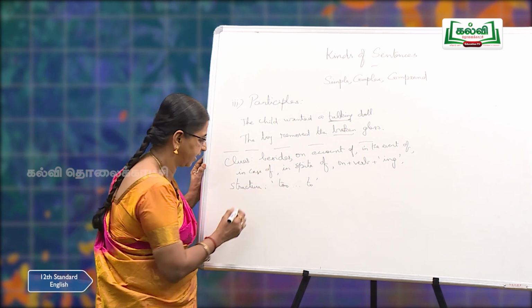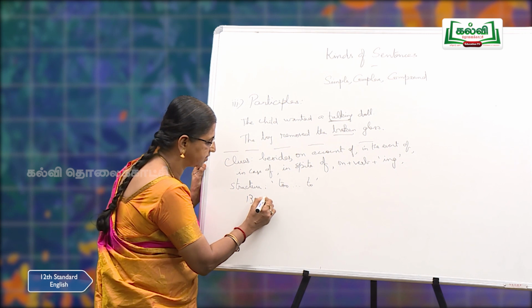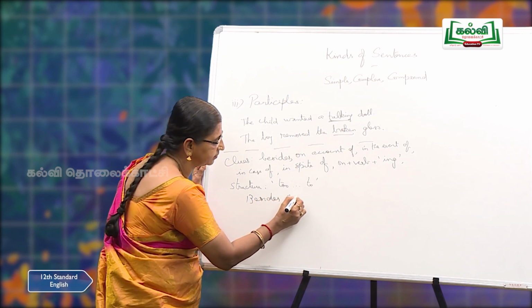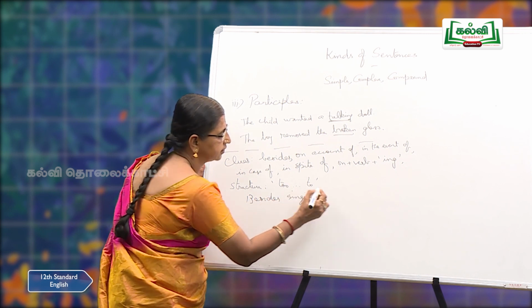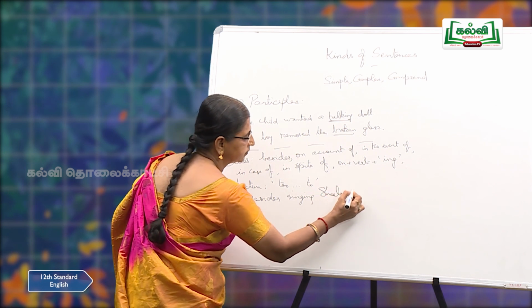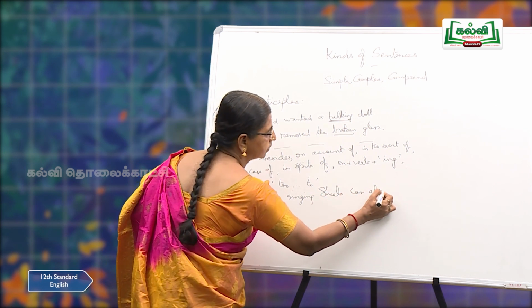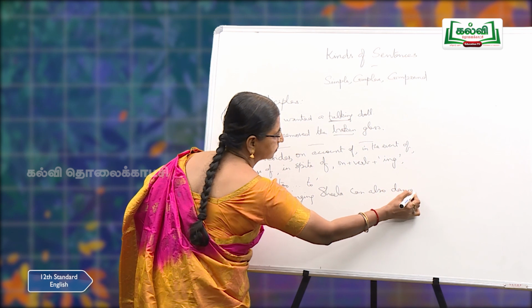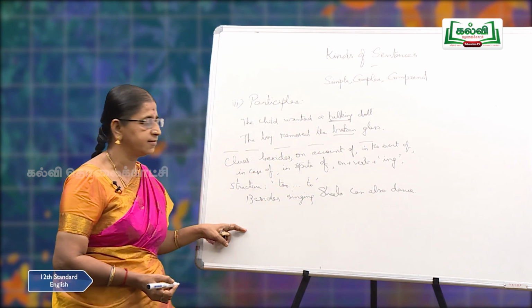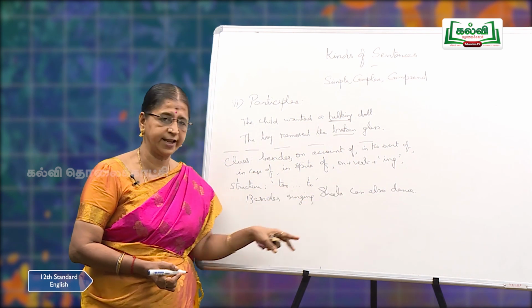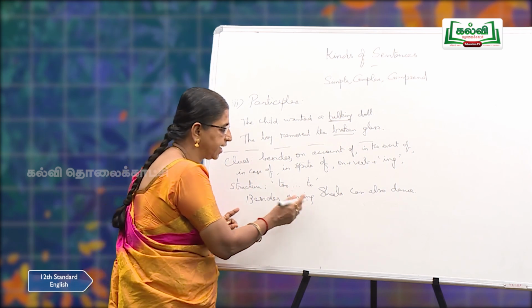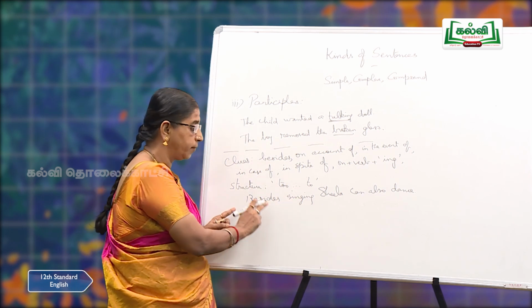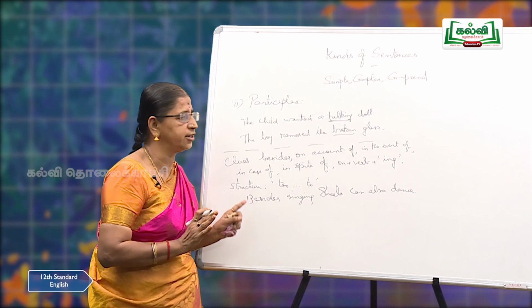Now, when I say besides singing, Sheila can also dance. Now, when you look at this sentence, you should be able to identify the finite verb. Now, besides singing, I told you verb plus ing. Now, mind you, here you have to have it very clear in your mind.